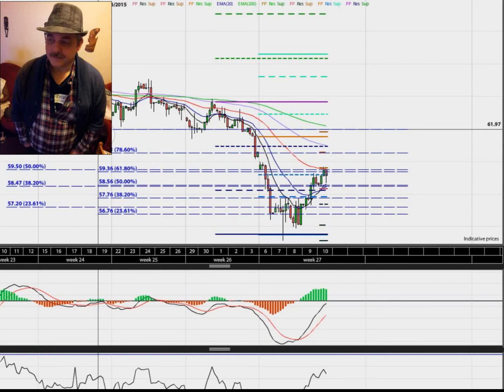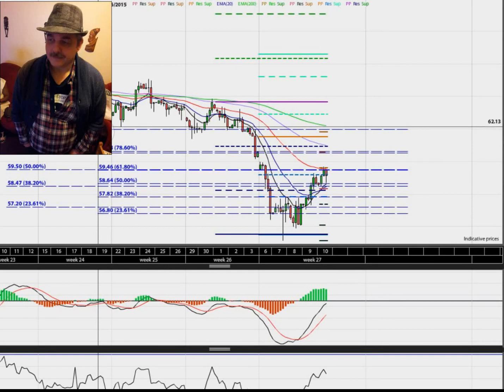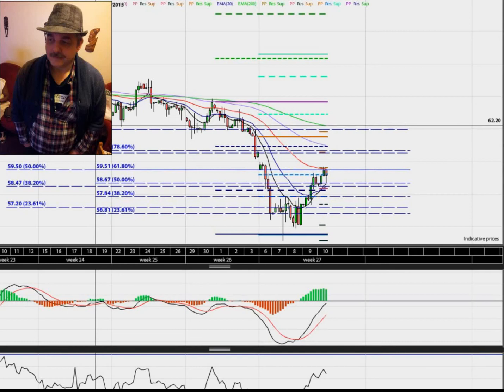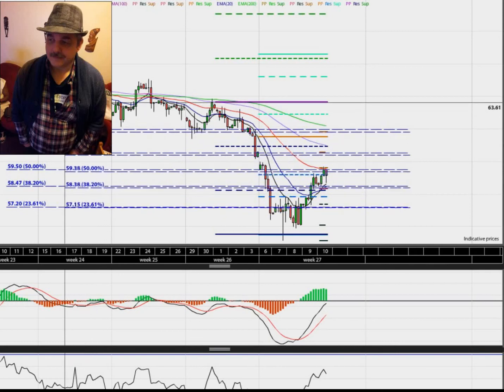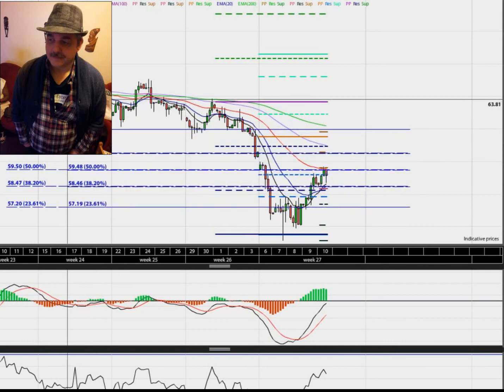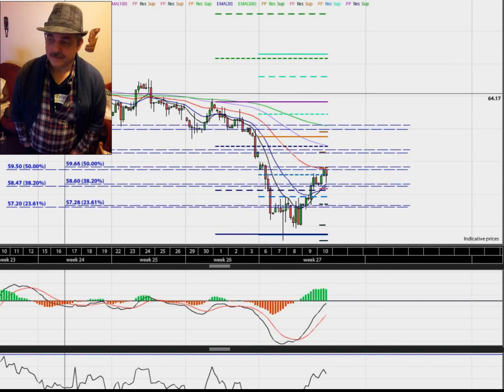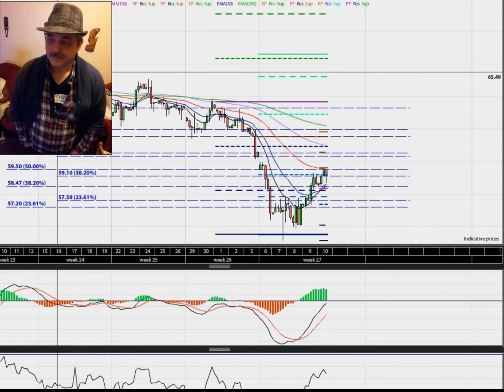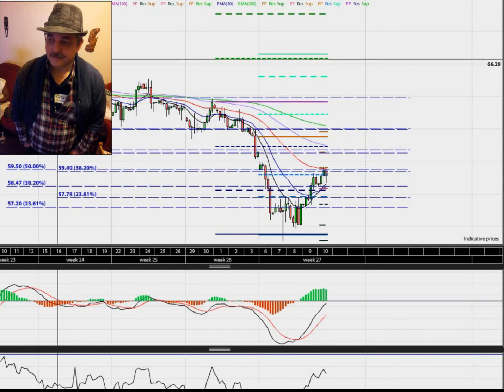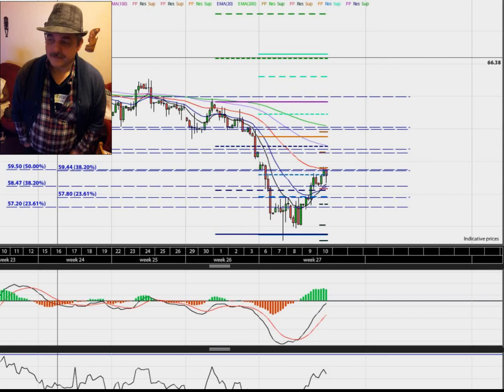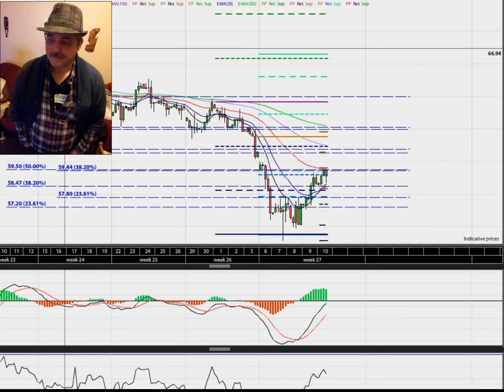I'm not quite on the high there, but there seems to be a cluster with the 50 and the 61.8 there. But there we have a 38 clustering with the 50, which is also clustering with the earlier 61.8. So there's a triple cluster there.